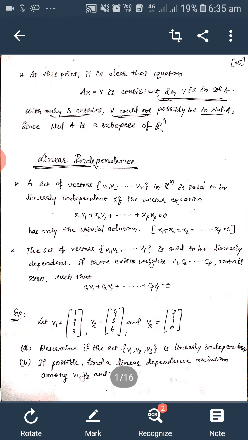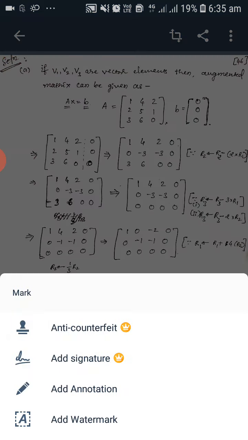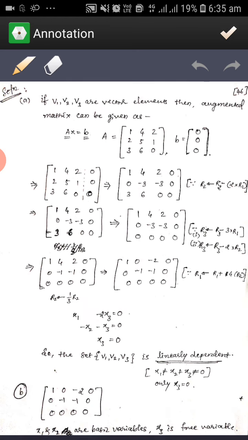Ax equals b where b is 0, since b has not been given. So this is A and this is the b we have added. Now we need to go on with the row reduction, applying the row operations.